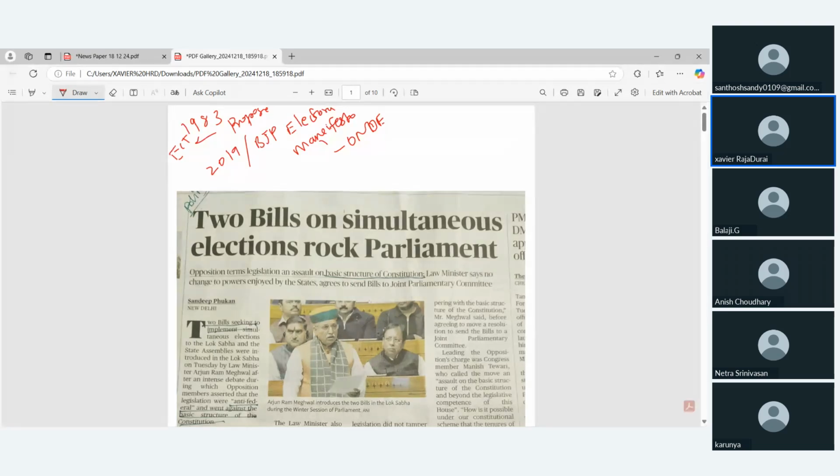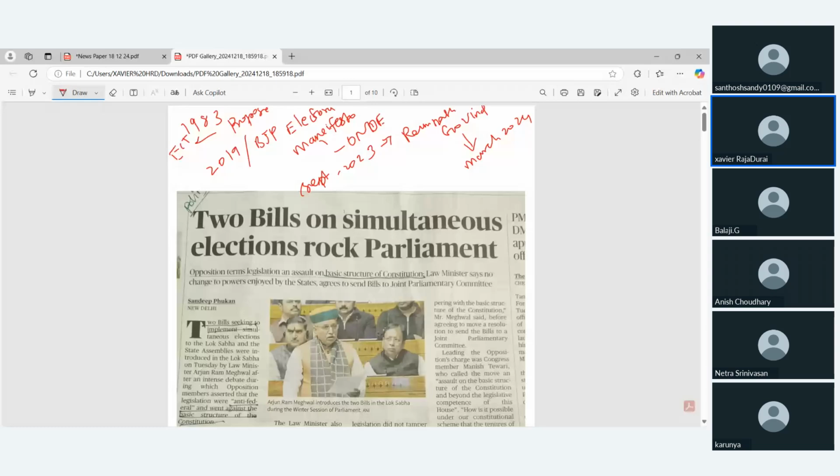Based on their electoral manifesto, in September 2023 they set up a high-level committee under the former president of India, Ramnath Kovind, to study the feasibility of conducting one nation, one election. They submitted a report in March 2024, a report of around 18,000 pages.